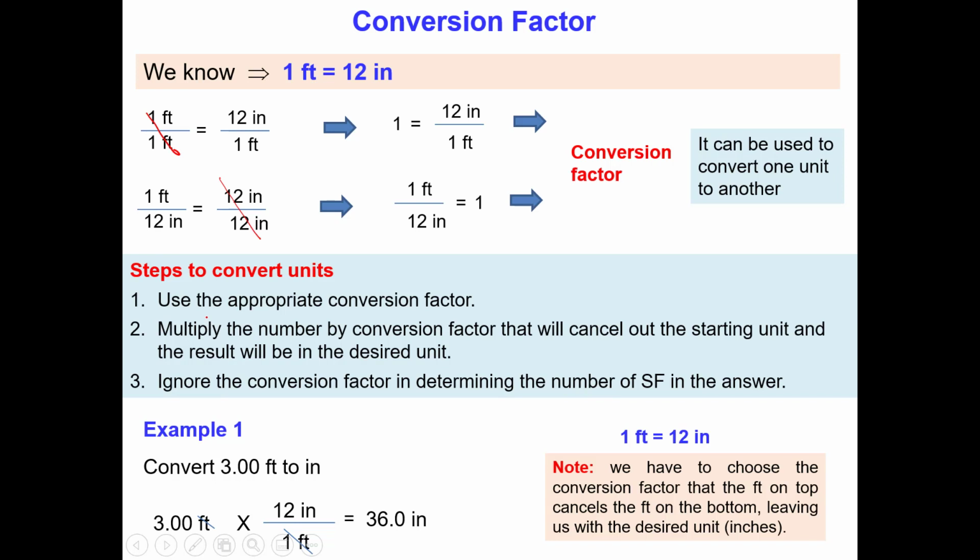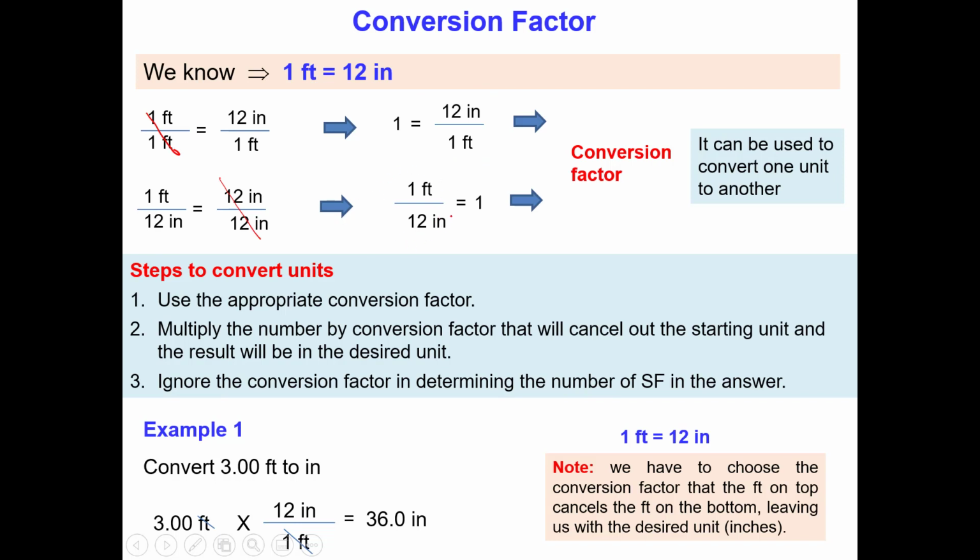The first thing is we need to use the appropriate conversion factor. Depending on the problem, you need to decide, for example, if you need to convert from feet to inches or inches to feet, if you are going to use this conversion factor or this conversion factor.